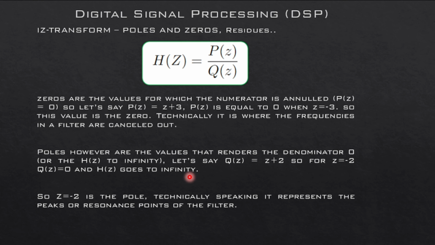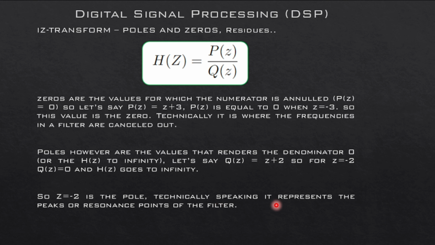These are the frequencies for which the system has a high peak, a high resonance, or what? A high performance. So these are the frequencies that are the most accentuated, for which this filter or this system operates the most. It has the highest amplitude or power for these specific frequencies. So z equals minus 2 is the pole.